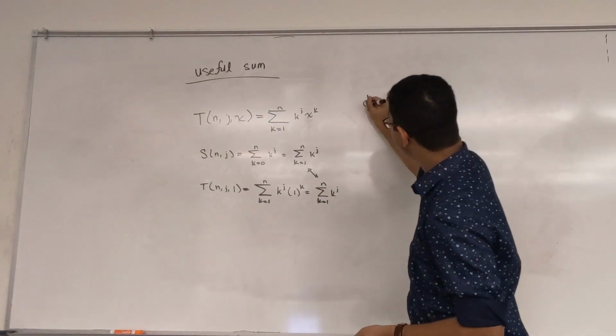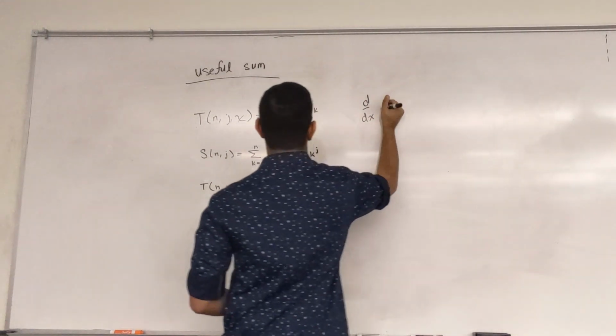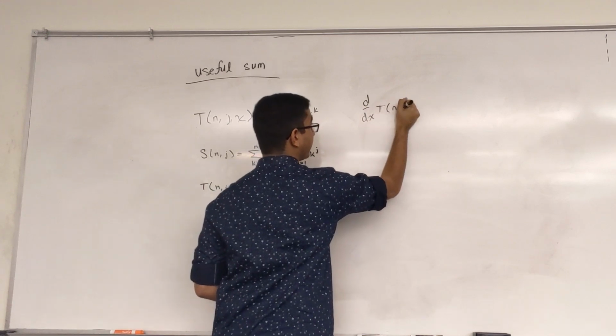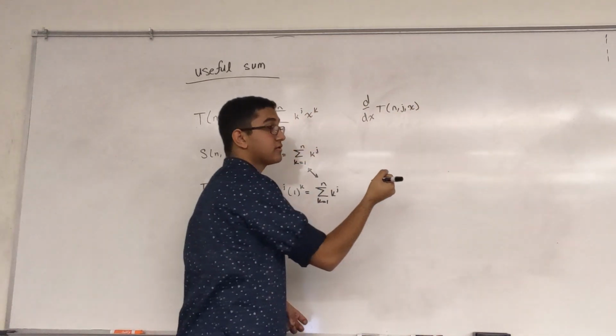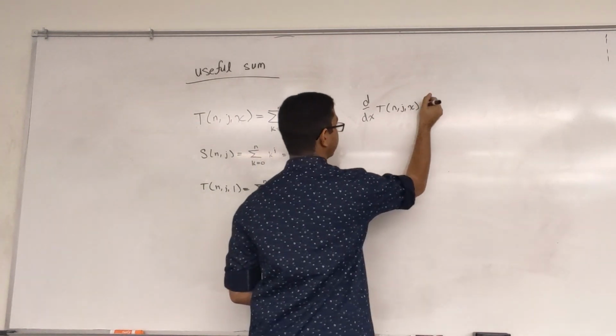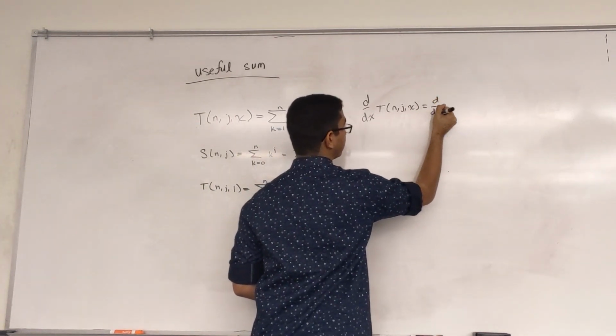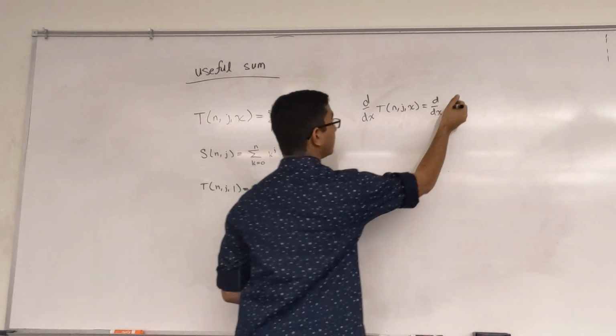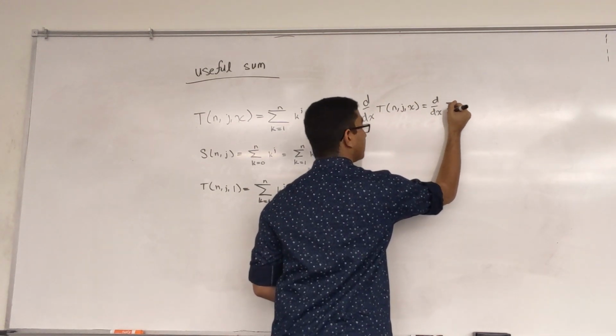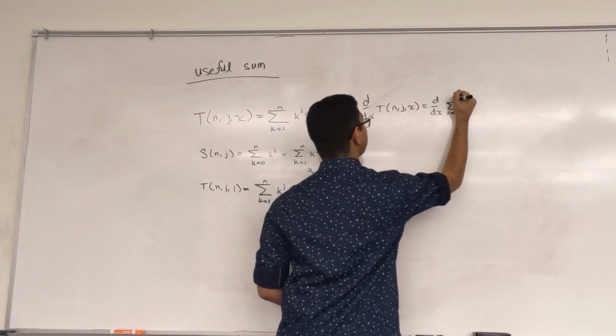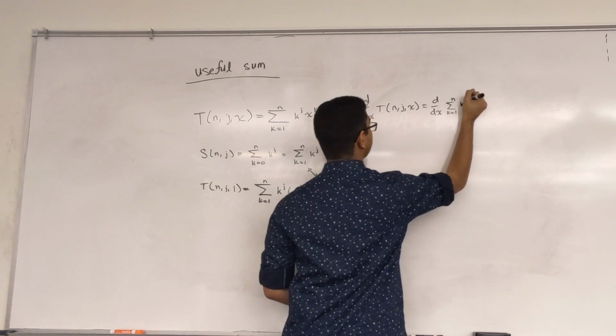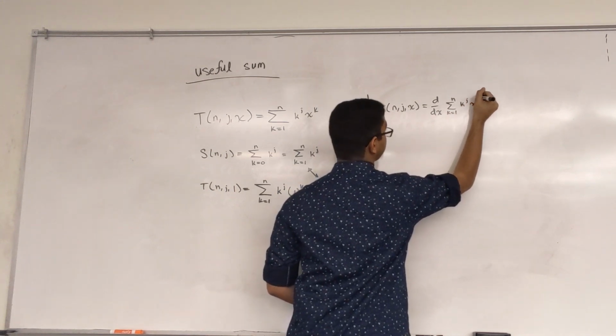So we're going to do d/dx of T of n, j, x, which is equal to the derivative with respect to x of the summation k equal to 1 to n of k to the j and then x to the k.